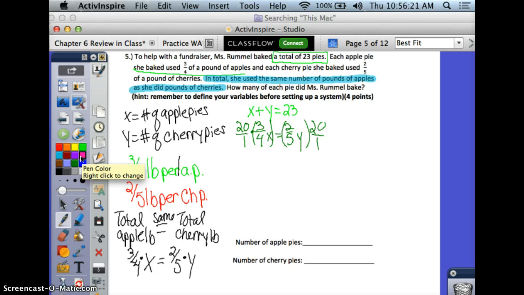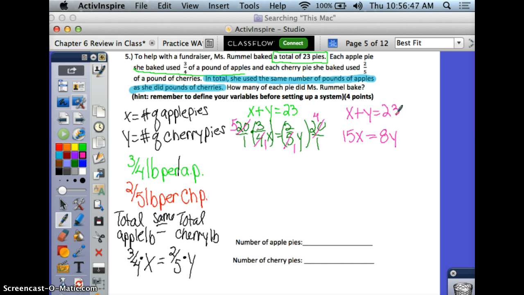When I do that, my 4 and my 20 can cross-reduce, and I get 1 and 5. My 5 and my 20 become 1 and 4. So I get 5 times 3, which is 15x, equals 2 times 4, which is 8y. Then we have our other equation, so x plus y equals 23.